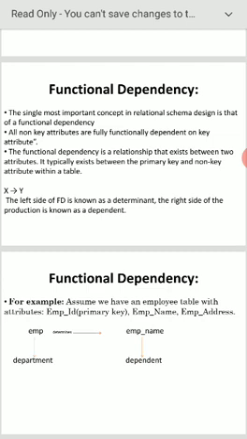Here, employee ID is a determinant. Employee name is a dependent. Employee name is dependent on employee ID. That is why employee ID is called a determinant. Name is called the dependent. Like that, we can do the functional dependency. If you want to do the functional dependency, there must be a key.